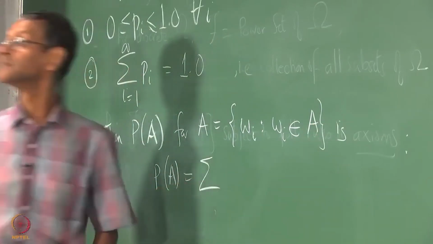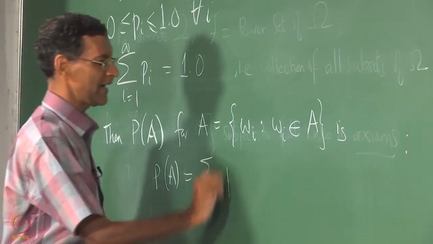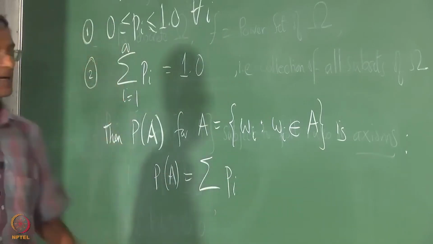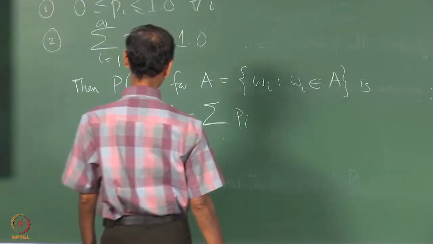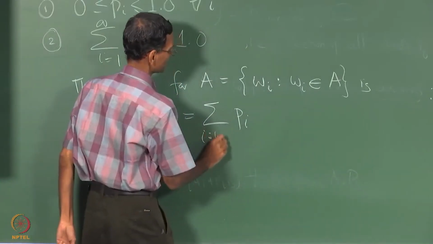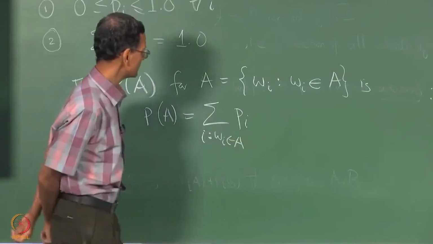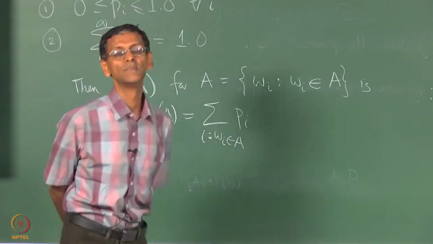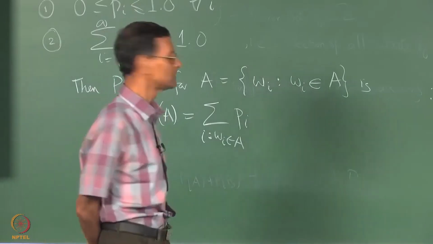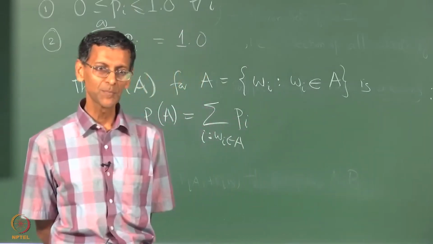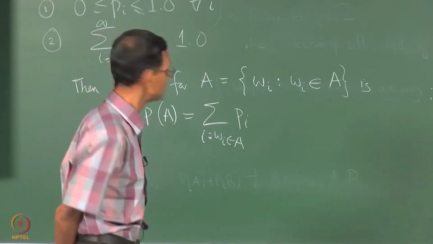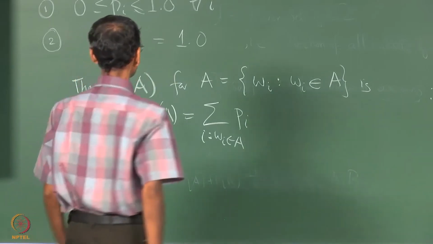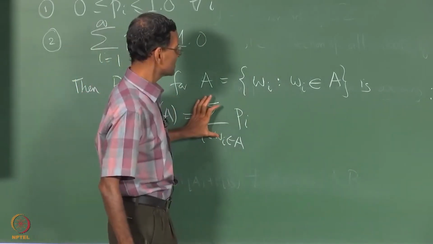I have put a summation, I add all the PI's, but obviously I do not add all the I's from 1 to infinity, I add only those I's such that omega I belongs to A. So this has to be written mathematically like this, the sum over I such that omega I belongs to A. So you apply this simple principle to any set A or any event A. So this itself is consistent with the axioms.